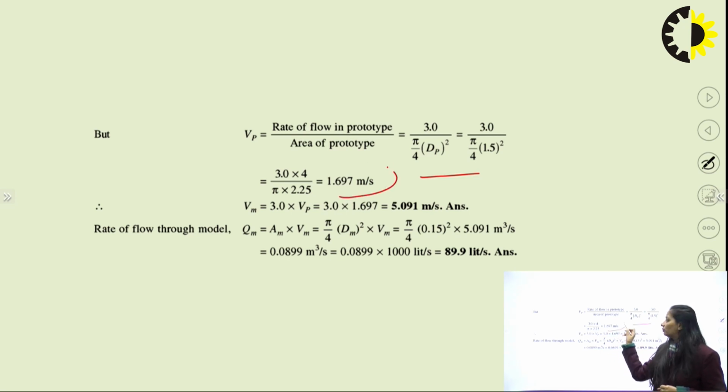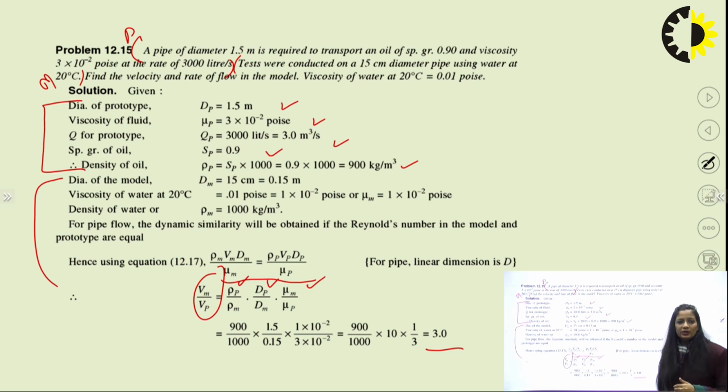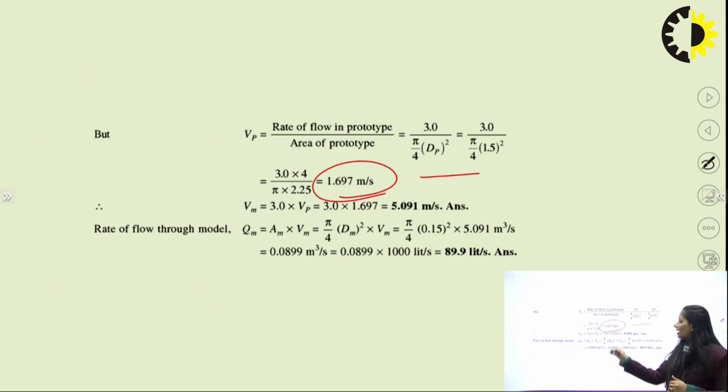You get Vp as 1.697 meter per second. Put this Vp in the last equation and you get the final value for Vm as 5.091 meter per second.